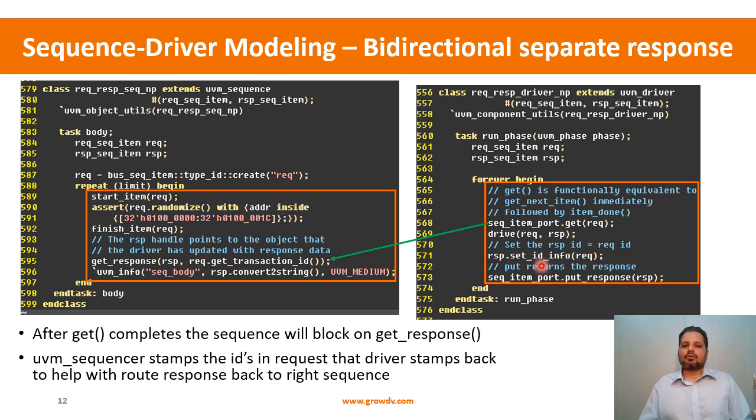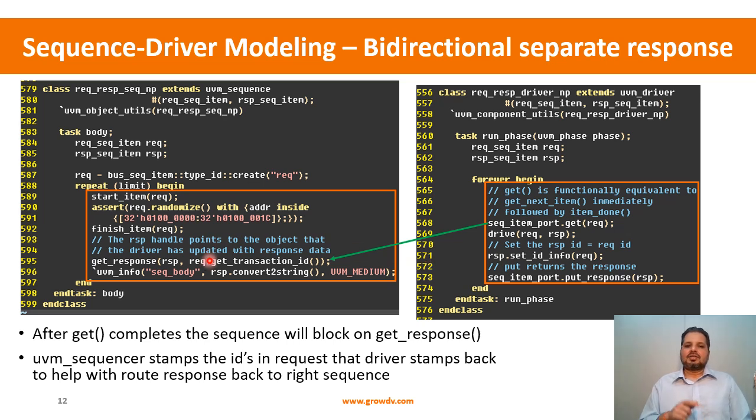And coming back to the driver, this is anyway a function call, so this will happen immediately while the get response has been blocked for a while. Now what we do is we say sequence item port dot put response and pass the RSP handle. This will send the response back to the sequencer through that response analysis port, landing into the response FIFO present within the sequencer.